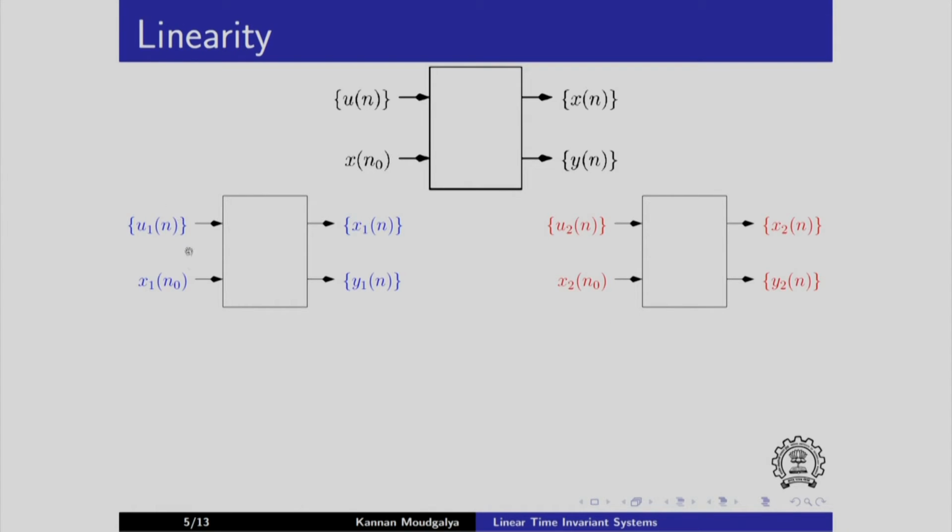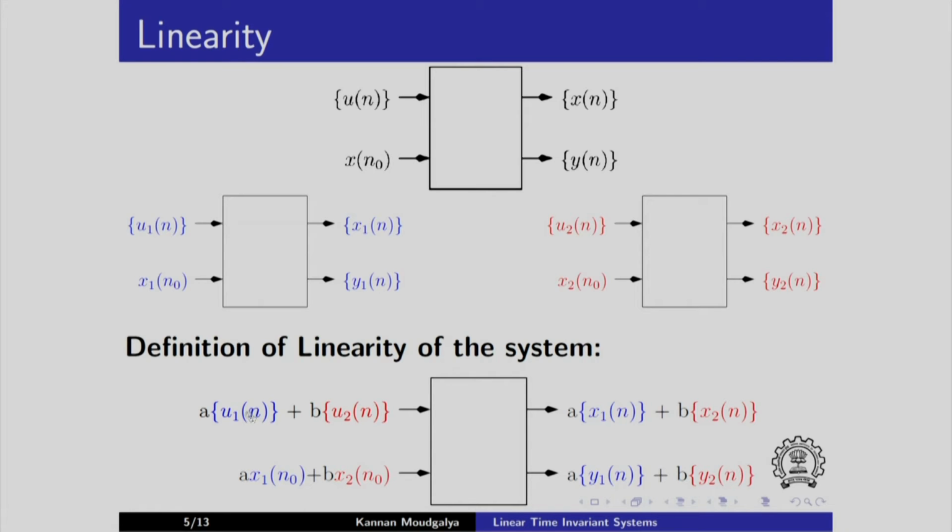So you give this in blue, you get this output, you get this in red, and you get this output in red. Now the question is, when I take a times this plus b times this, will I get a times this and b times this? If so, we call the system to be linear.